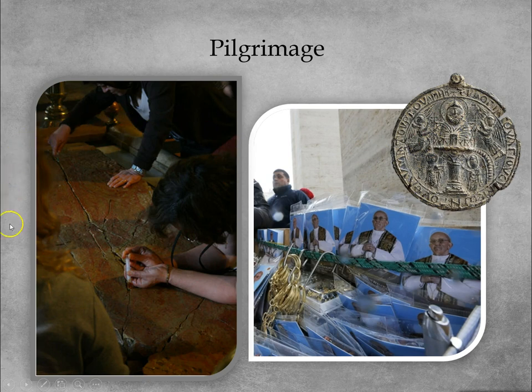Here we have Christians at the tomb of, this is the site of Golgotha, where allegedly Jesus was killed. And I don't know what this person is doing. It looks like they're extracting something, but I'm sure that's not allowed. They could also be trying to place maybe a prayer in that crack.